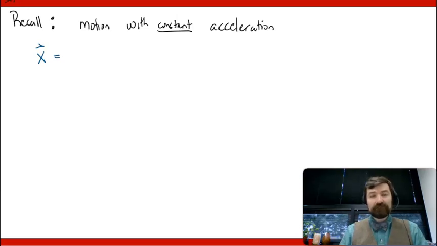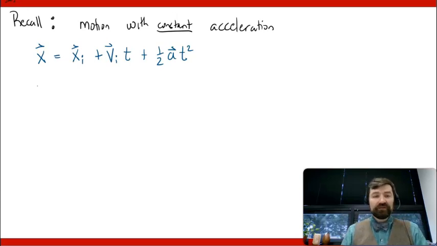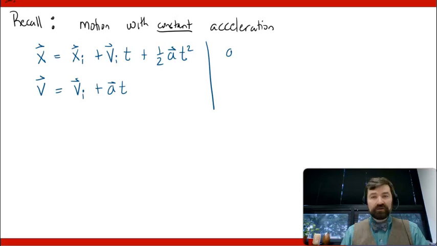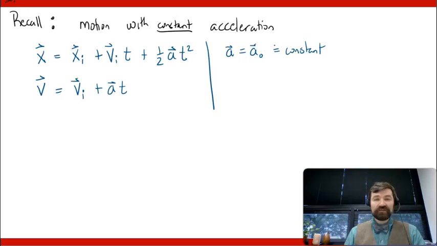Position is given by, and the order of the terms doesn't matter, but I like to go from lowest power of t to highest: initial position plus initial velocity times time plus half of that constant acceleration times time squared. Our velocity versus time equation should look like initial velocity plus acceleration times time. Our acceleration obviously just is constant, and that's the whole point of having constant acceleration for motion.